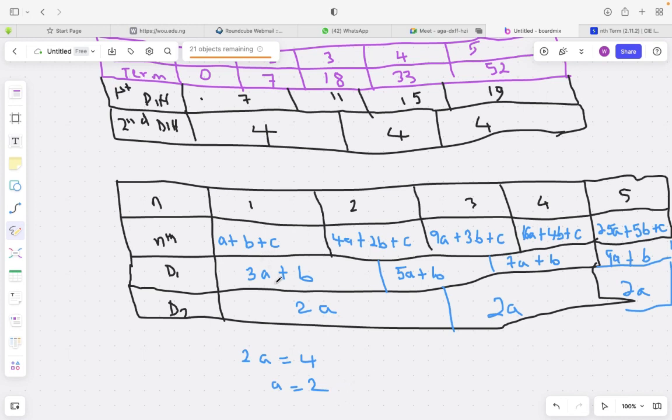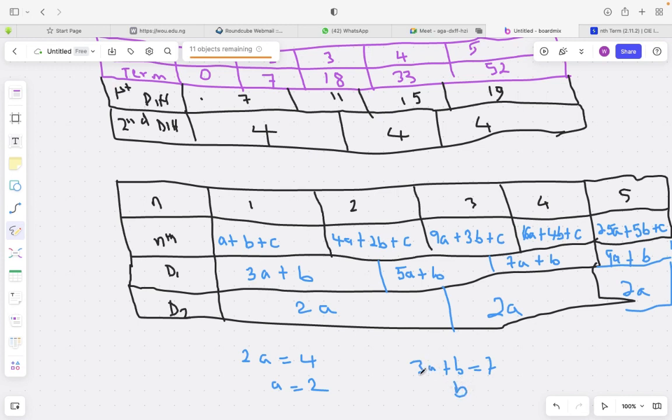What will be b if a is 2? Because you got to equate this one to 7. So you say 3a plus b equal to 7. And you already know a to be 2. 2 times 3, you get 6. 6 plus b equal to 7. So b will be 7 minus 6.